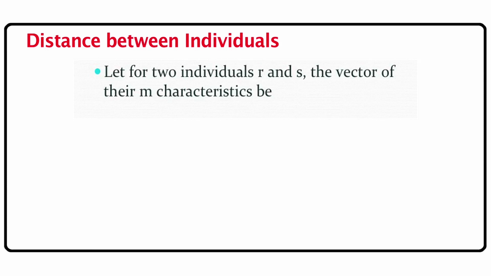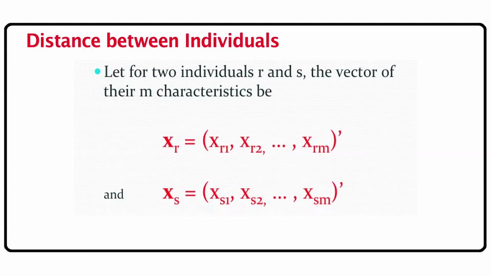Now, two individuals may be similar with respect to one characteristic, and two different individuals may be similar with respect to another characteristic. So, how do we identify which of these are closer to each other? We need to find some way of saying that these two individuals are closer to each other than maybe a third individual. So, this is the distance that we need to find out first.